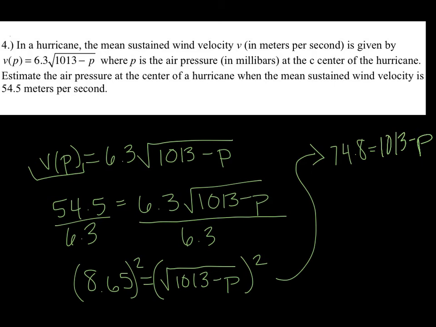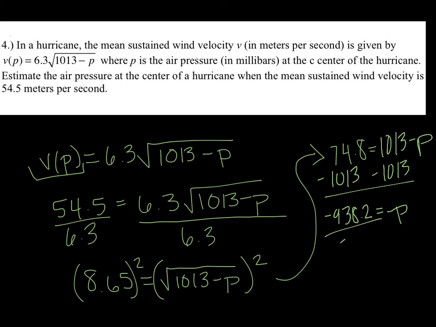So what do we do? We subtract 1013 from both sides. 74.8 minus 1013 gives us negative 938.2. And it's going to be negative P, so don't forget to bring that negative down.